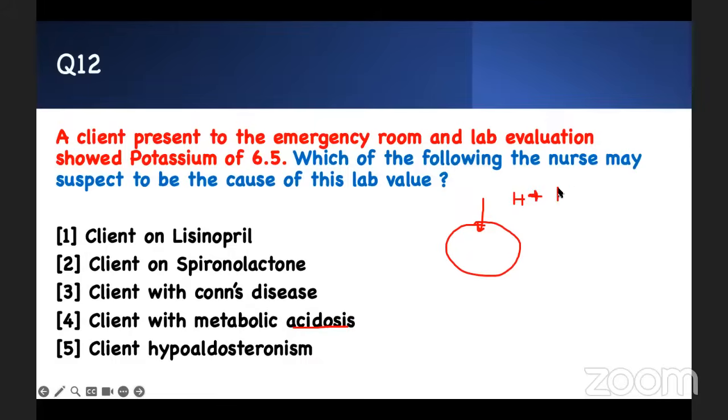Your body does not like metabolic acidosis. Therefore, it pushes the acid inside the cell. This is inside. This is the blood. If you push the H plus inside the cell, you have to balance it with something. Potassium. You have a bunch of potassium inside the cell, and less potassium outside the cell.